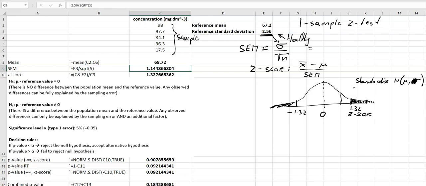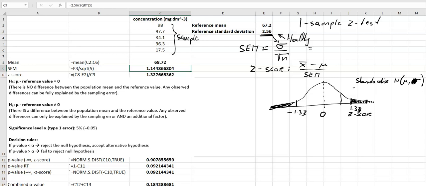Or I should probably say 1.33 here in this case, if we do the rounding properly. So we are trying to find from this normal distribution the probability of observing a value that is either smaller than negative 1.33 in z-score or larger than positive 1.33 in the z-score.